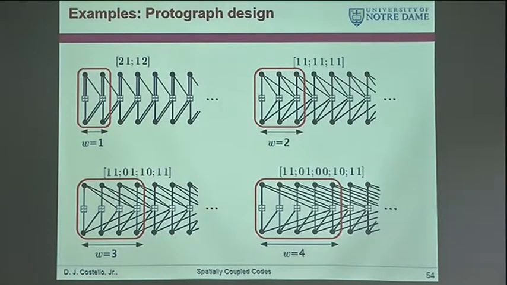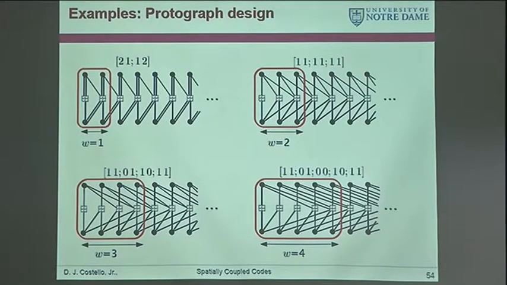And we could keep going. You could use extremely large coupling widths and very small lifting factors. In the limit of that kind of thinking, the lifting factor may be 1, so you'd just be decoding 2 bits at each time unit with your window decoder, and you'd have an extremely large memory or coupling width.